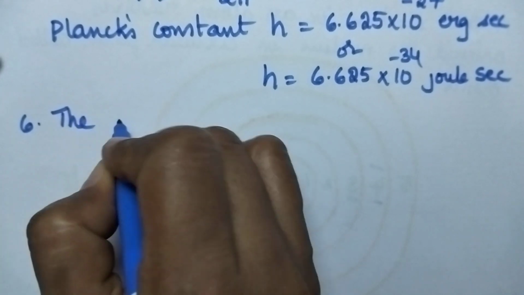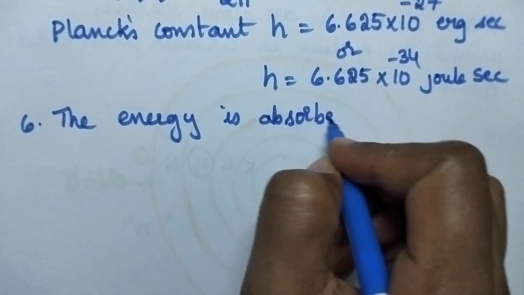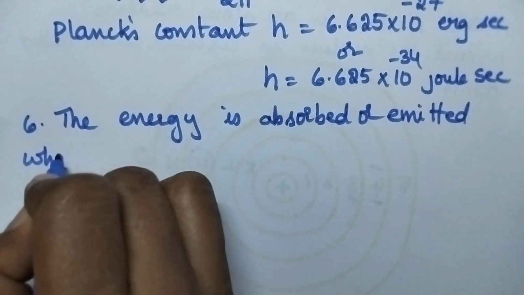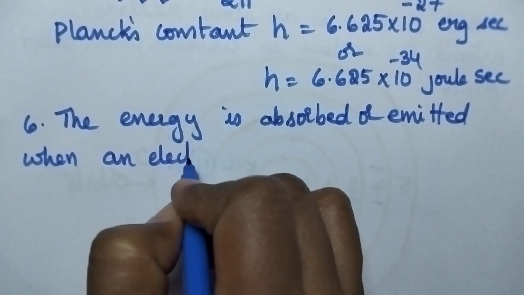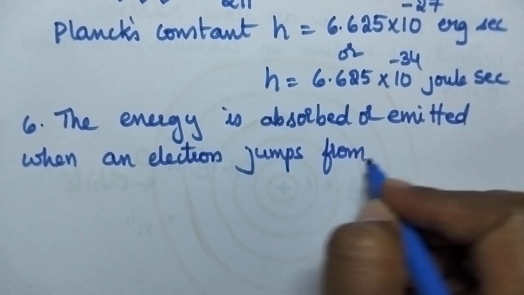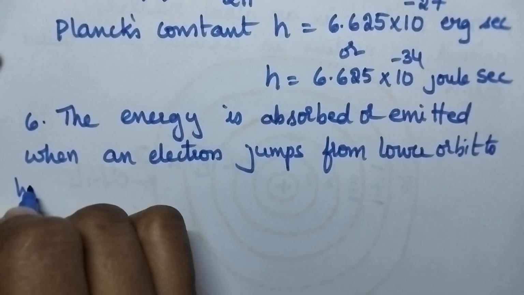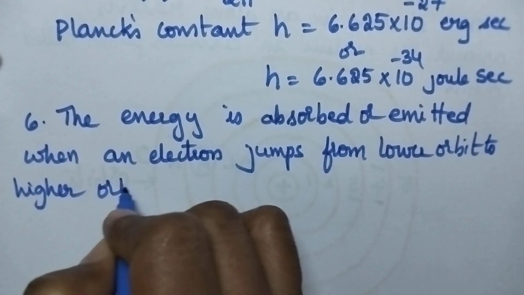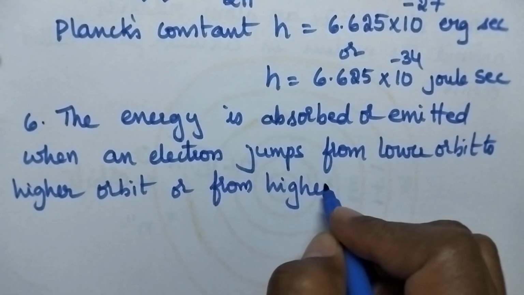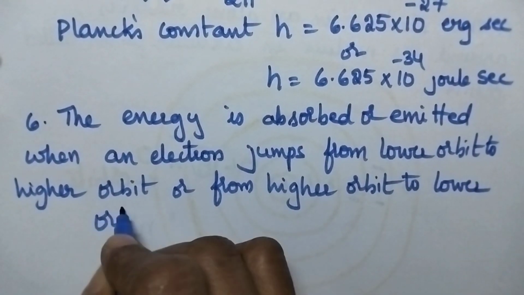So the energy is absorbed or emitted when an electron jumps from lower orbit to higher orbit, or from higher orbit to lower orbit.